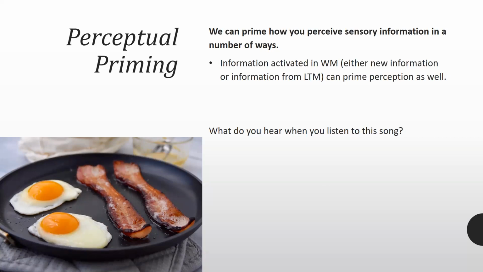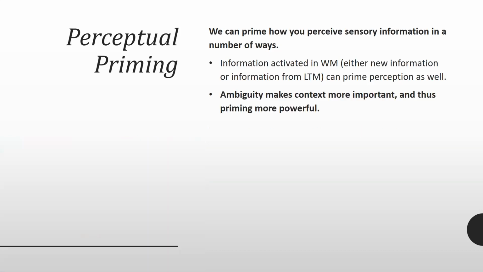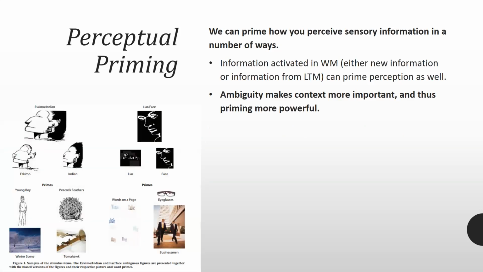And so this is a more modern version that's using auditory information of the really classical experiments that we usually look at when we're priming attention or perception. And so the classical cognitive psychology experiments would typically separate people into groups, and they would give them an ambiguous picture, okay?